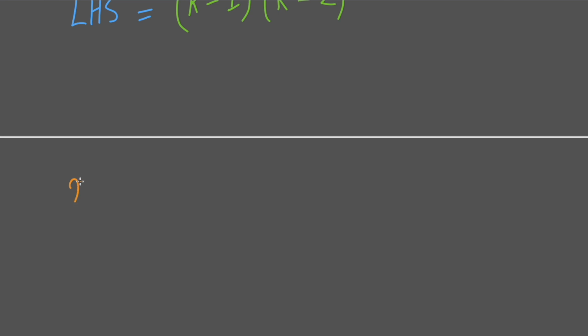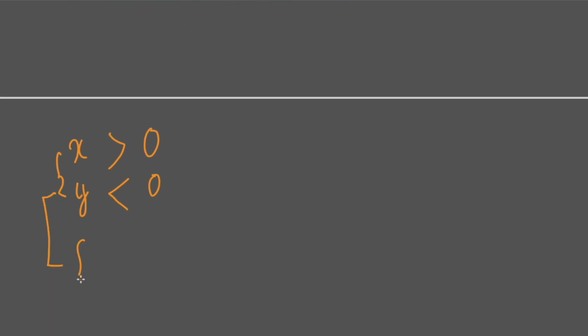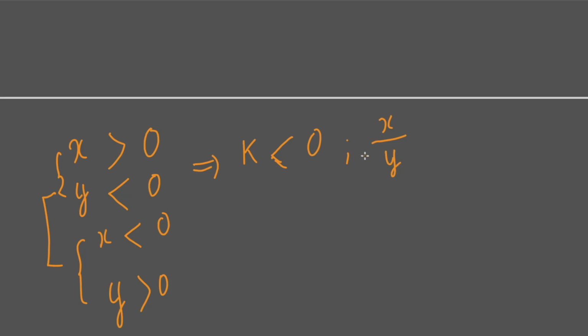If x is a positive number and y is a negative number, or x is a negative number and y is a positive number, then k is always smaller than 0, because x over y would be smaller than 0 and y over x also smaller than 0.